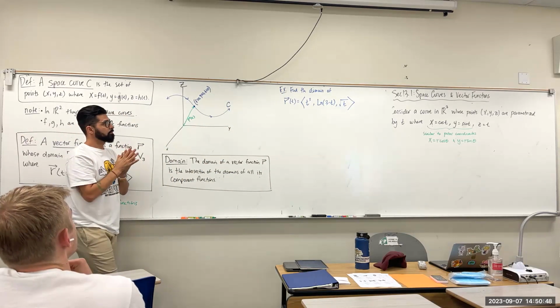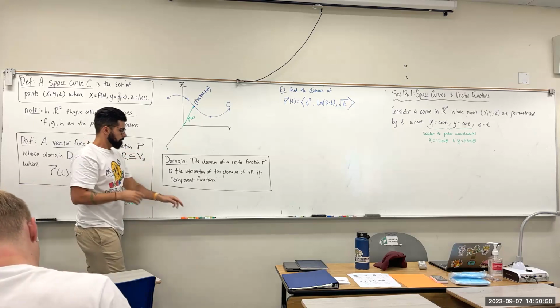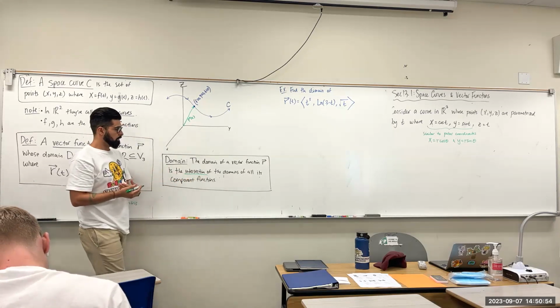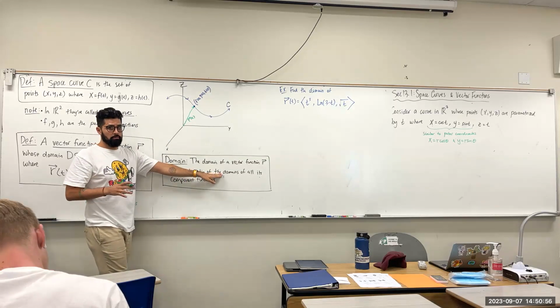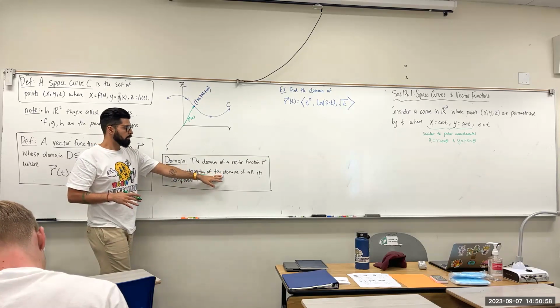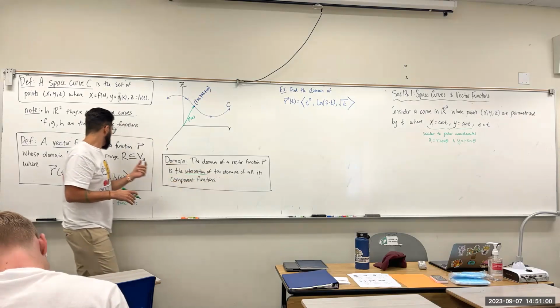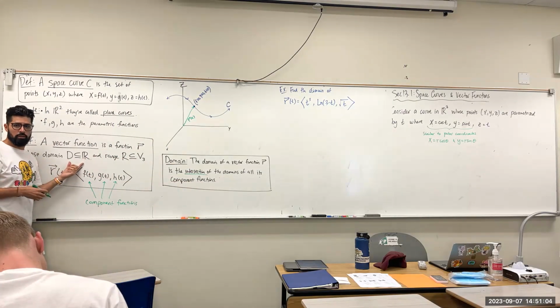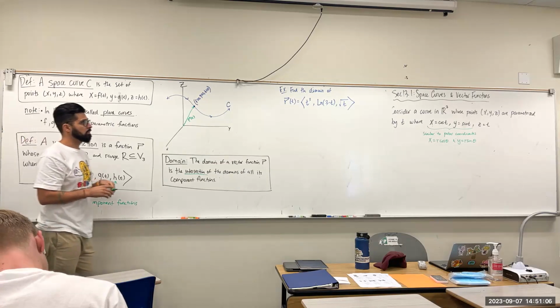Because we need the intersection, I need to find the domain of each one. The domain should be real numbers, so it's going to be interval notation that you have been using in calculus.